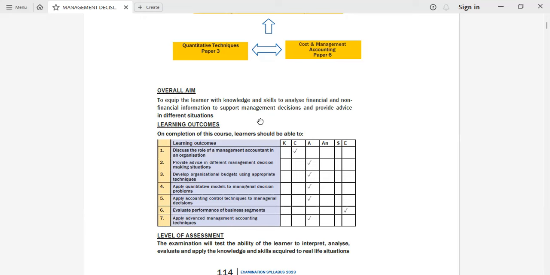If you have a business, you always have to do performance evaluation. It is very key for the business.